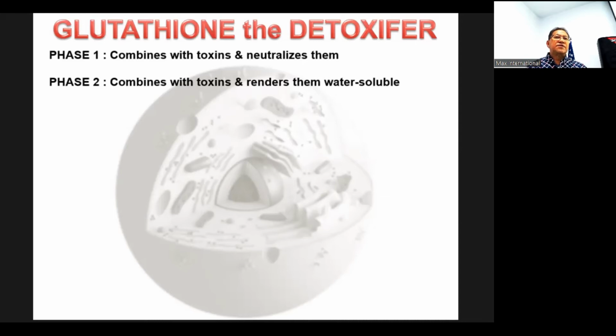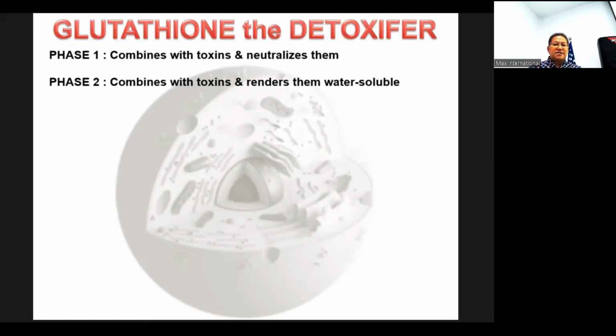If they were water soluble, they would have been easily excreted a long time ago through the urine especially, but also maybe through sweat and other fluids which are mostly water. But many of them are not water soluble, so they remain in the body. So what glutathione does is combine with them and make them water soluble. And then they can be dislodged and excreted.